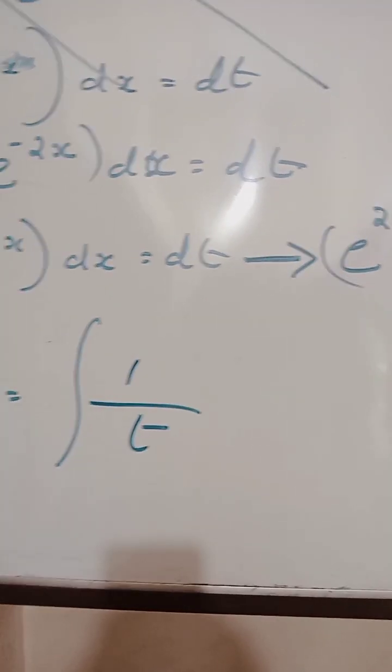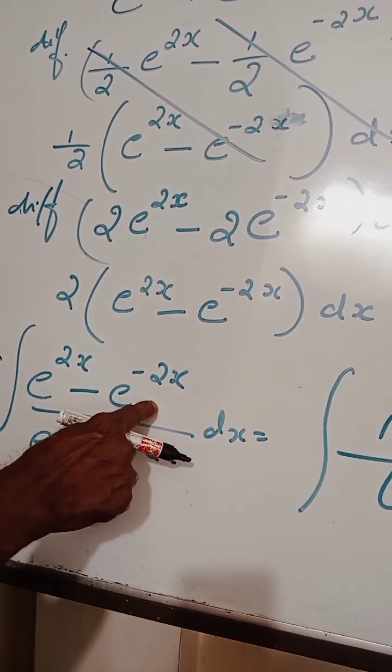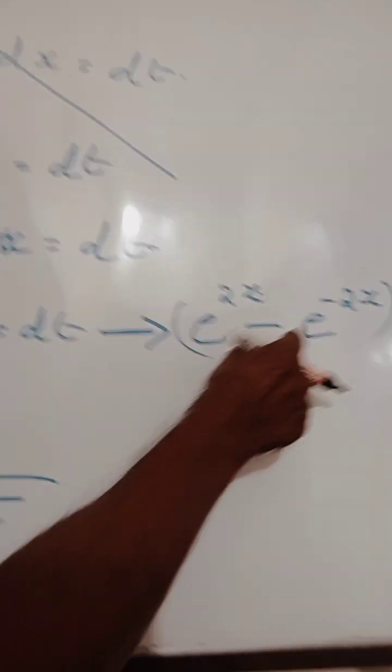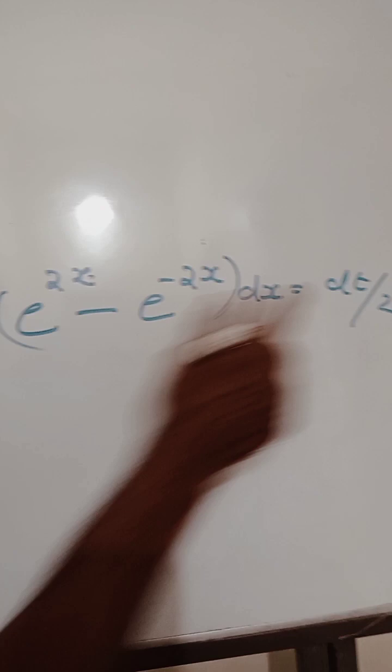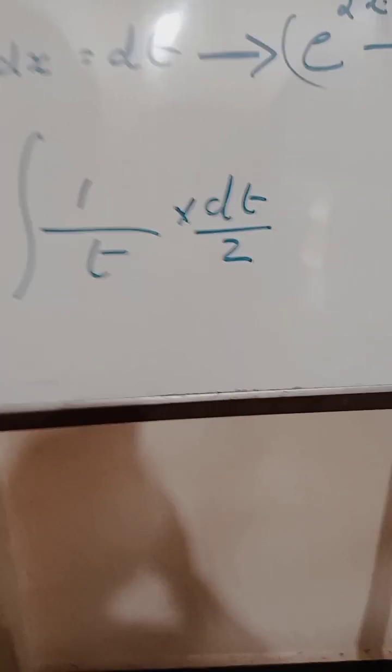Therefore, this is equal to 1 by t, and e raised to 2x minus e raised to minus 2x into dx is equal to dt by 2.